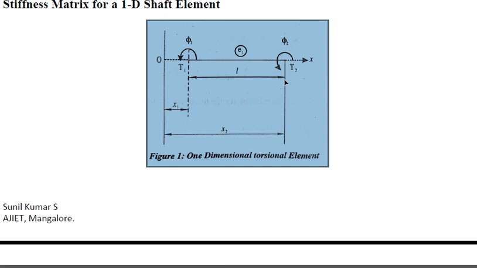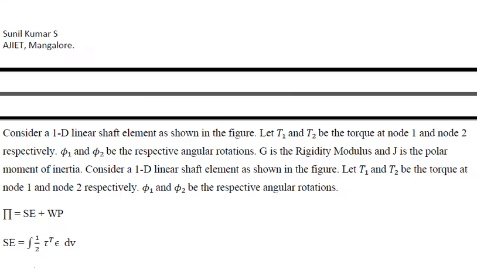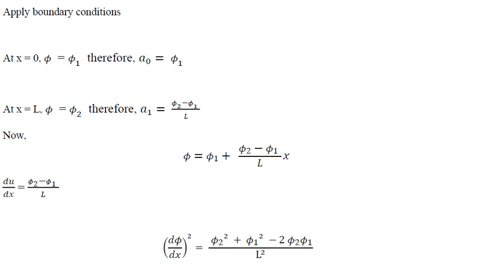At x2 let it be L, like that. If we take x as 0 and pi as pi 1, we will get A0 is equal to pi 1. If we take x as L and pi as pi 2, we will get A1 is equal to this expression.